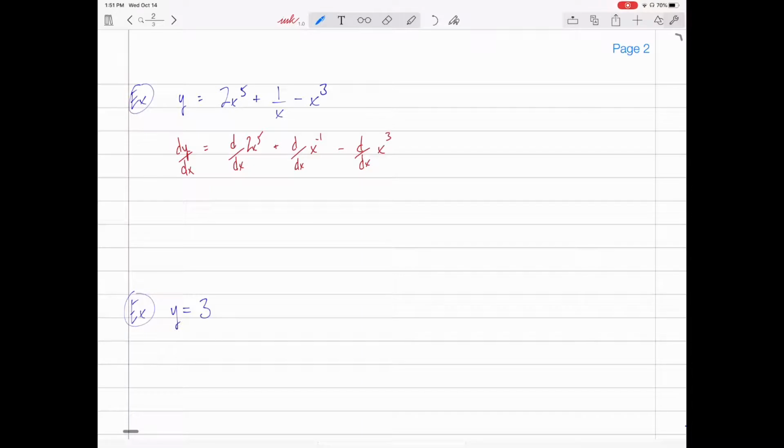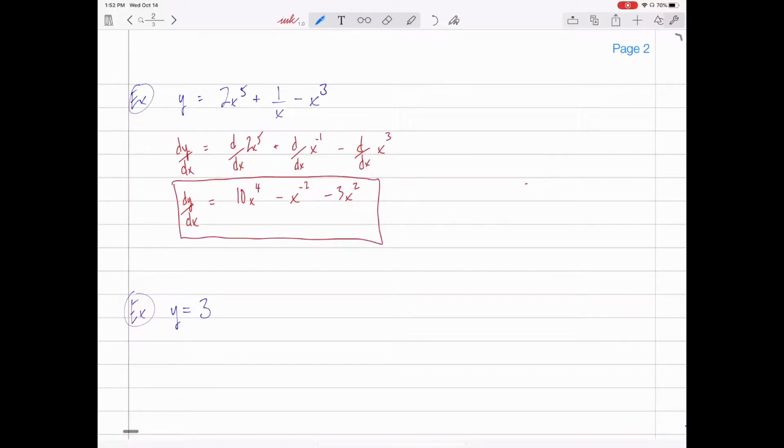Okay, so just know that these are operators, so they're telling you to operate on it. So the derivative, or dy dx, I'll keep it in that notation right now, is equal to 10x to the fourth minus x to the negative 2 and minus 3x squared. So that is the derivative of that function, and we could just leave it like that. You could put that exponent in the denominator, but it's not necessary.